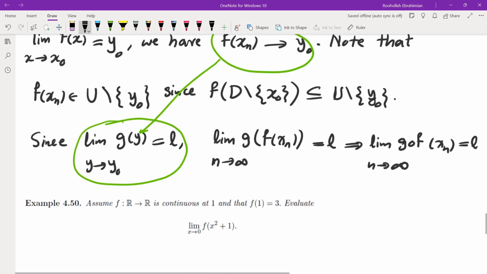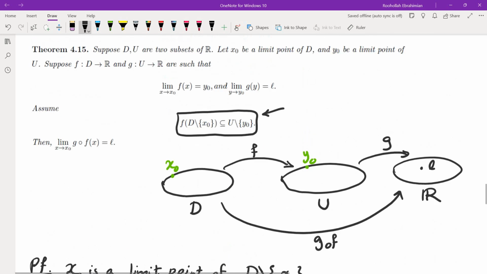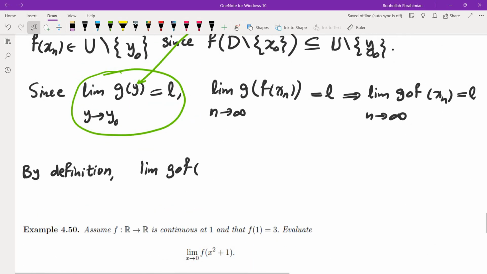So what we showed is that if you take a sequence inside the domain of g o f excluding x naught, then g o f of that sequence approaches L. So by definition, the limit of g o f of x is exactly L as x approaches x naught. And that completes the proof.